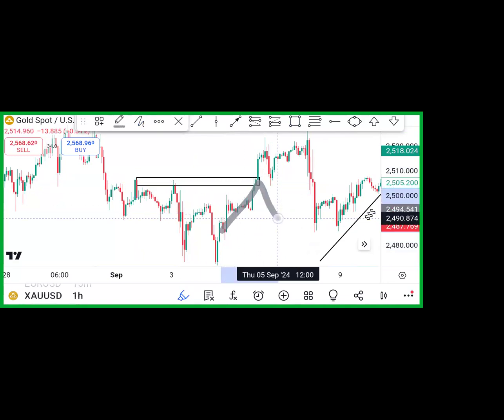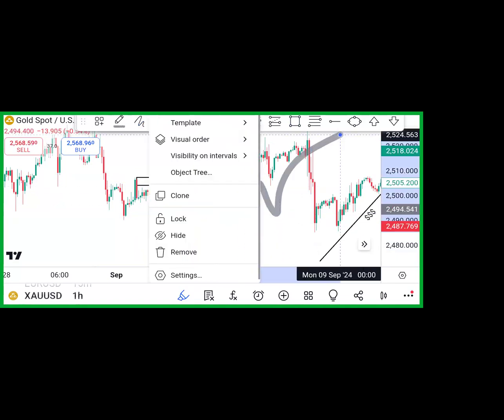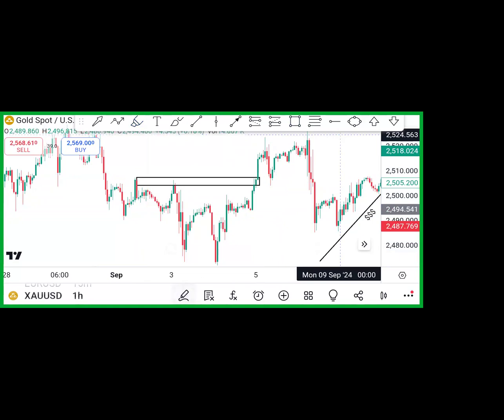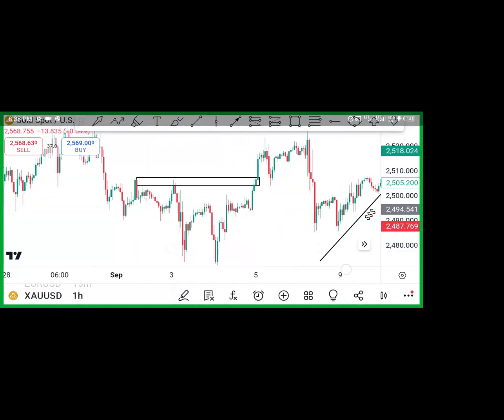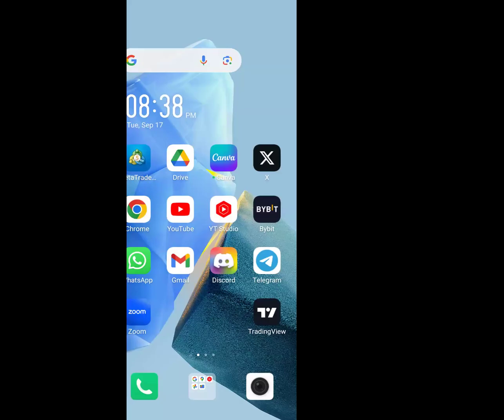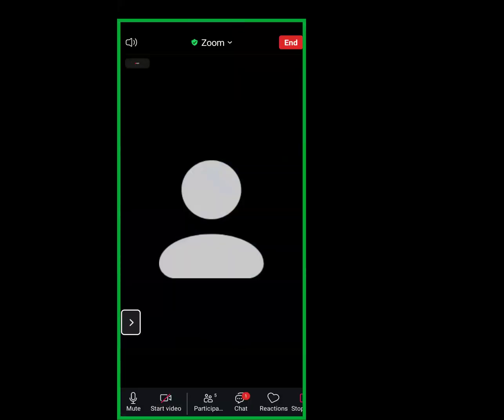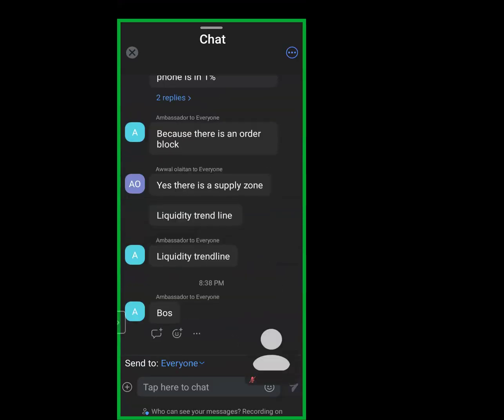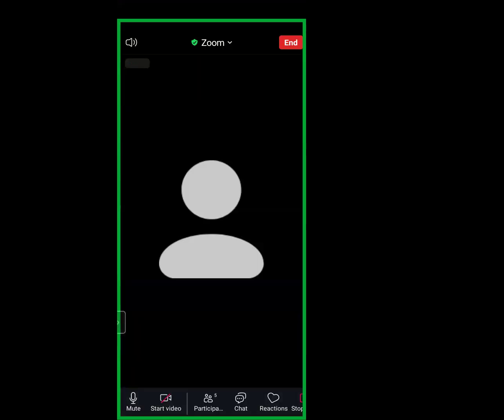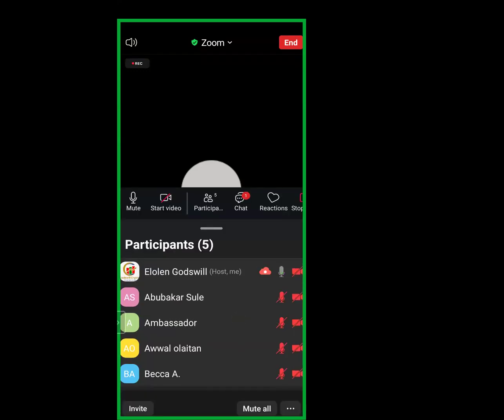Instead of selling off, the price just went up and took it out. Why? Is there any sharp answer? All right, break of structure. BOS. Okay. Any other sharp answer? Let me see.